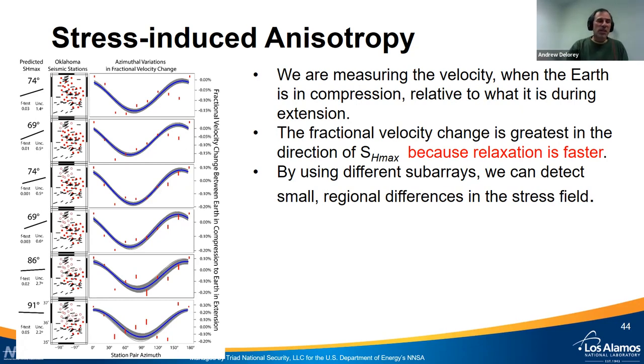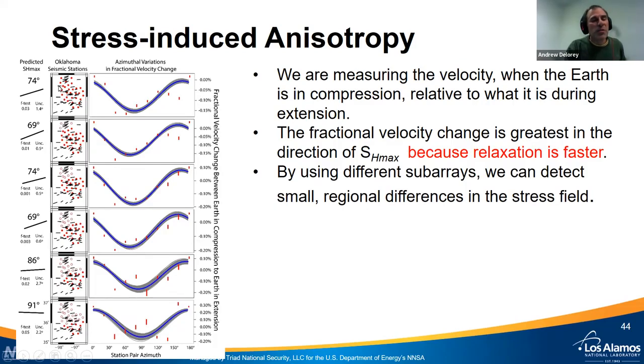So this is a study in Oklahoma where on the left-hand side, these are seismic stations, and I'm using different subarrays. The circles that are filled in are stations that I'm using to make the calculations immediately to the right.